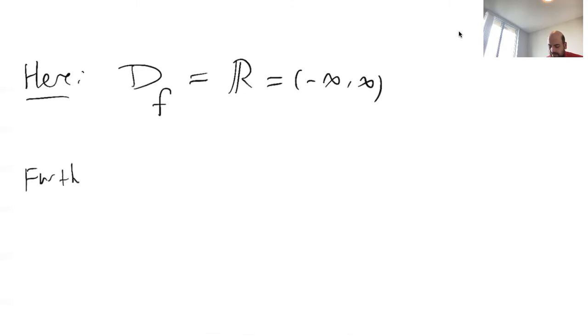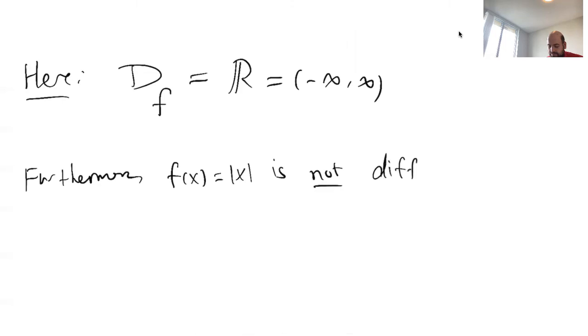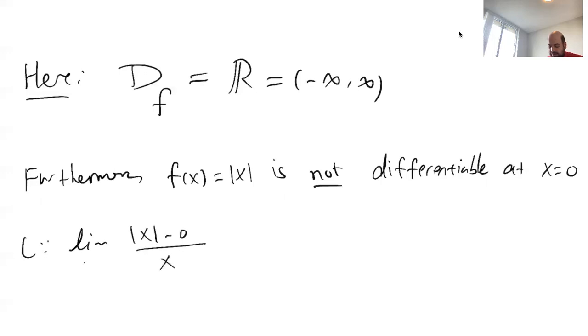Furthermore, f of x equals absolute value of x is not differentiable at x equals 0, right? Because the limit of absolute value of x minus 0 over x as x approaches 0 does not exist.